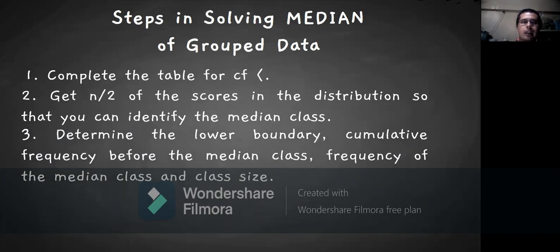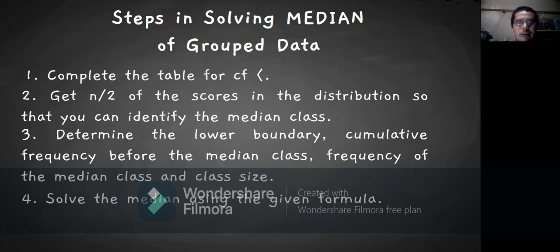Then determine the lower boundary, the cumulative frequency before the median class, the frequency of the median class, and the class size, and solve the median using the given formula.